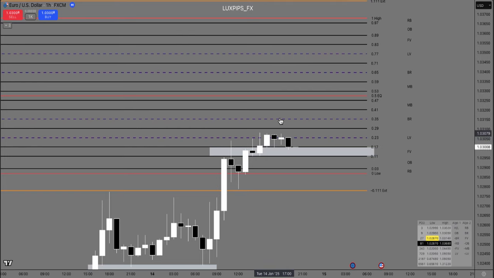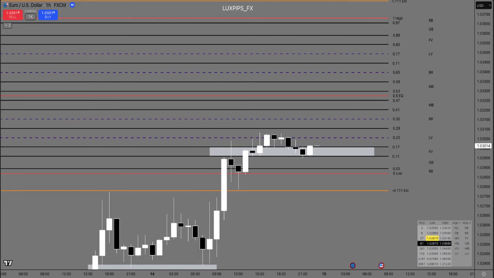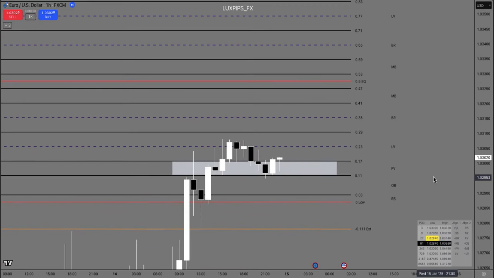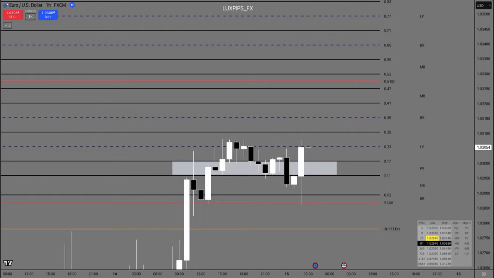Well, not a very nice liquidity void, but it was a bullish candle. It looks like this FV level might be holding, but I never got that FV touch for the Algo 2. So let's just continue, see what price does.